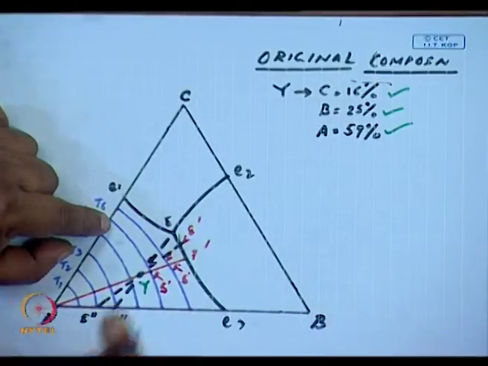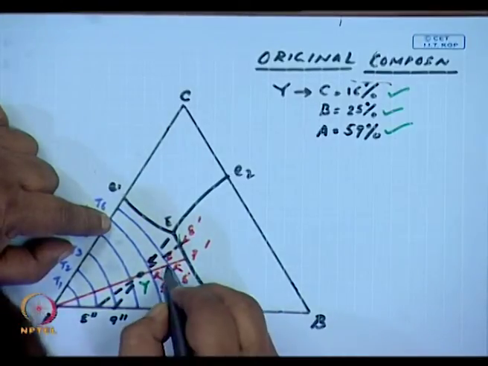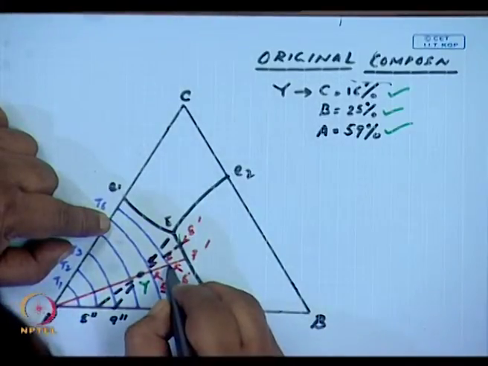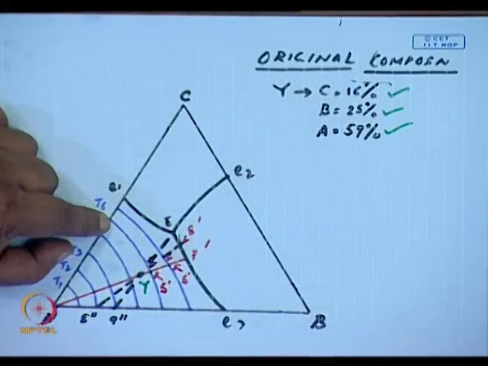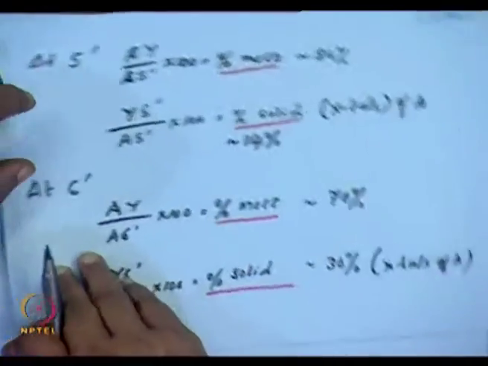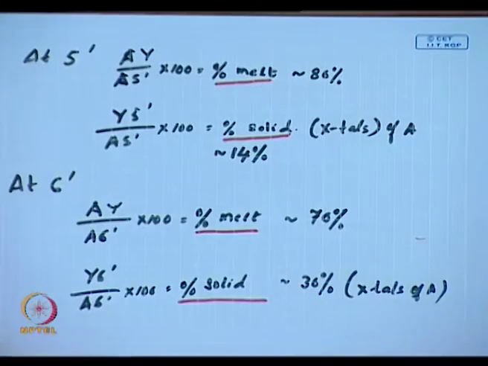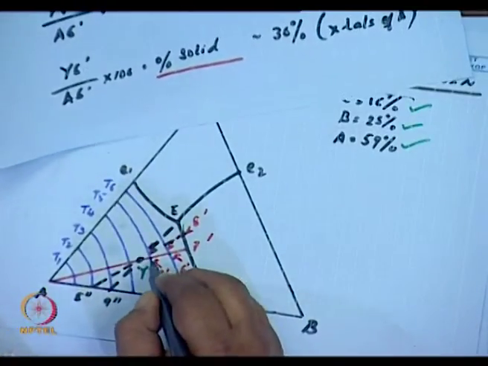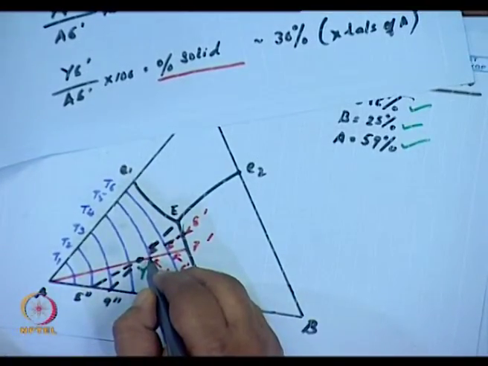At the next step, just like in two-phase diagrams, the next isothermal line I have chosen is T6. This is where it intersects. Let us talk of what happens at 5 dash. At 5 dash, what is going to happen? As I said, there will be melt and solid starting to separate out.